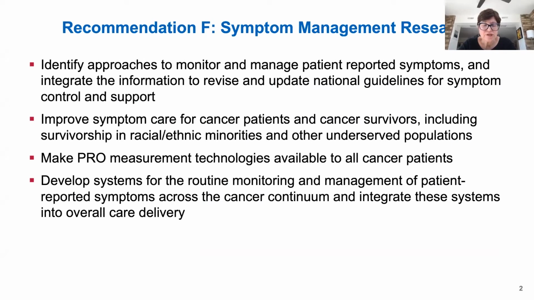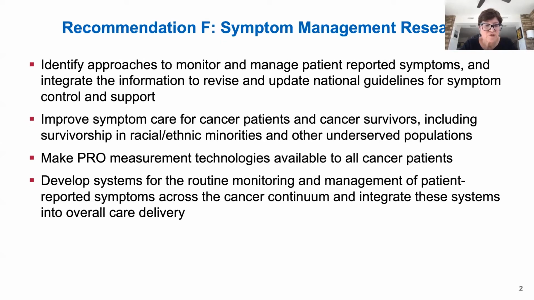So the recommendations are as follows. 1, to identify approaches to monitor and manage patient-reported symptoms and integrate the information to revise and update national guidelines for symptom control and support. Secondly, to improve symptom care for cancer patients and survivors, including survivorship in racial ethnic minorities and other underserved populations.